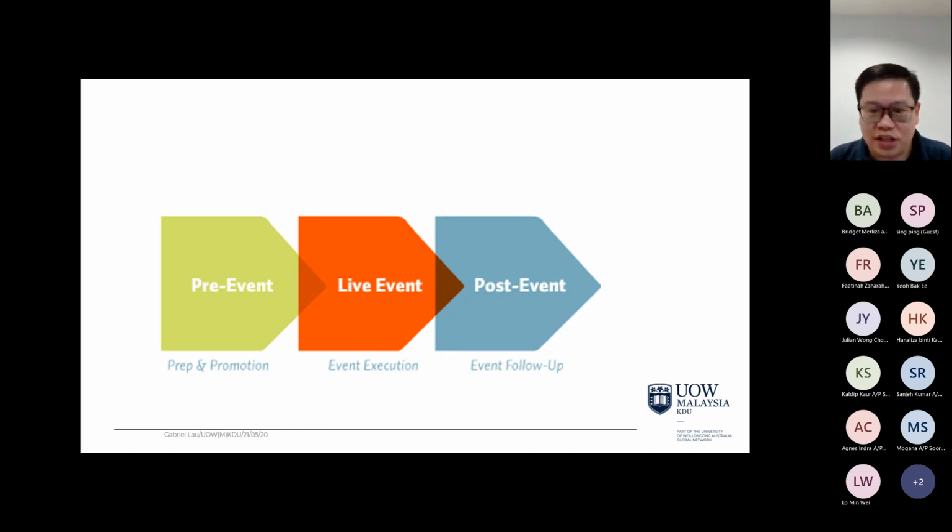The live event is during the event itself. And of course, the post-event is the event follow-up. After the event, you do a post-mortem. What things were good, what things were not so good, and in the future, you correct it as you go along. When we do online learning, it is exactly the same.